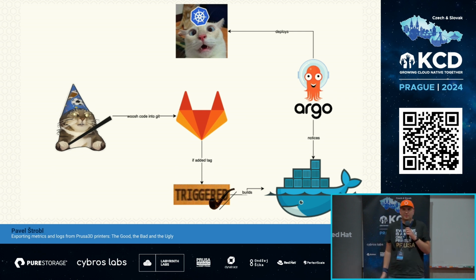There are several rules for staging and production clusters, but it just runs tests and creates the Docker image. Argo then, if it detects the new image, can deploy it into the Kubernetes cluster, and based on the rules I mentioned, it can be deployed or not.